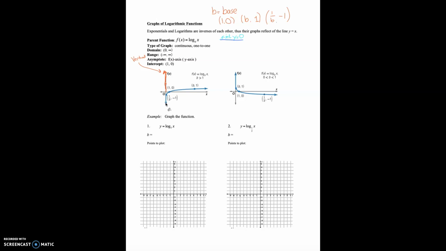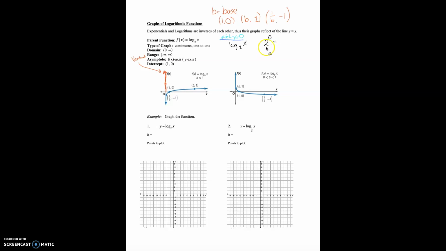So let's go through why we have that as our intercept. So again, the x-intercept is where y is 0. So if you want to think about it, let's think of base 2 here. So log base 2 of x. So we're going to think 2 to the 0 power is equal to, well, what is it equal to?